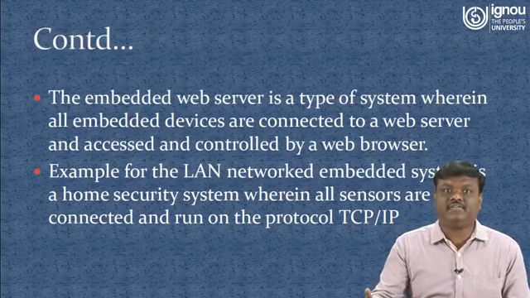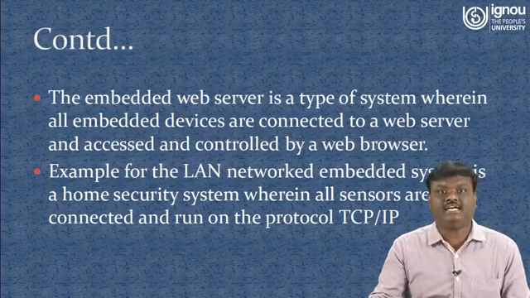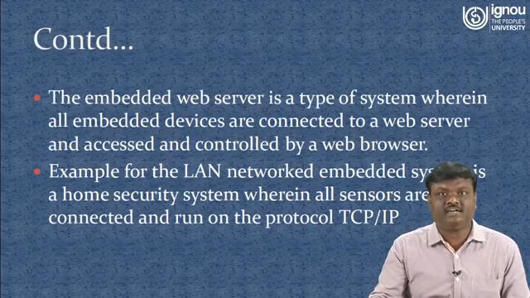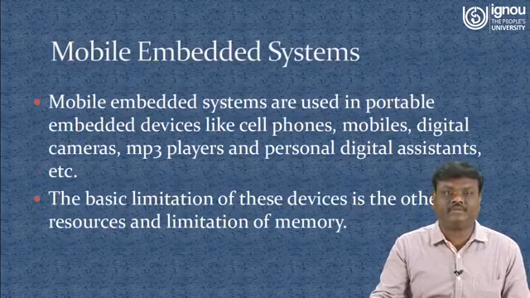The embedded web server is a type of system wherein all the embedded devices are connected to a web server and accessed and controlled by a web browser. An example we can quote here is a LAN network embedded system. A home security system can be the second example, wherein all sensors are connected and run on the protocol called TCP/IP.